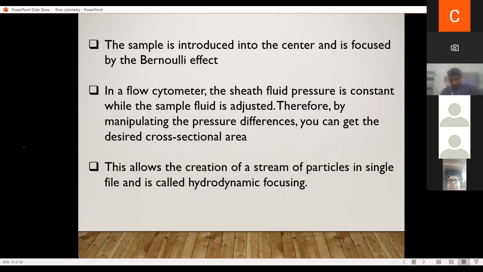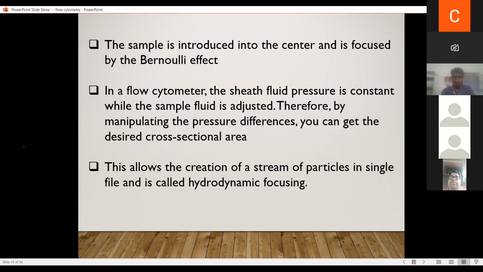The sheath fluid pressure is constant while the sample fluid is adjusted. We can adjust the pressure of the sample fluid which we are adding in a flow cytometer according to our need, but the sheath fluid pressure has to be kept constant.